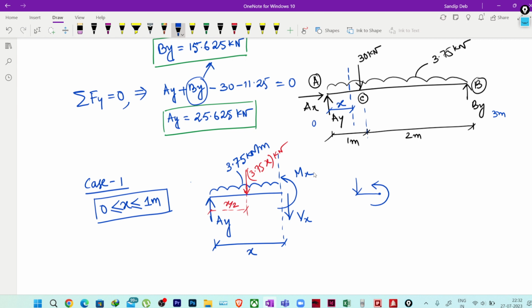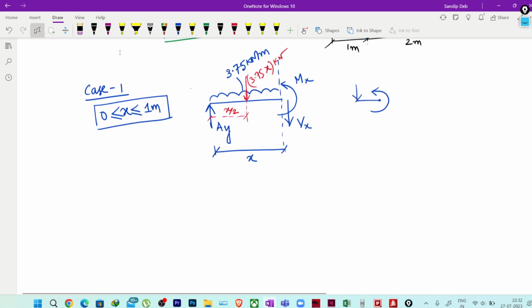Fine. So now if I apply the equations of equilibrium, summation of Fy equal to 0, that implies Ay, now Vx is downwards, so minus Vx. This load is also downwards, correct?